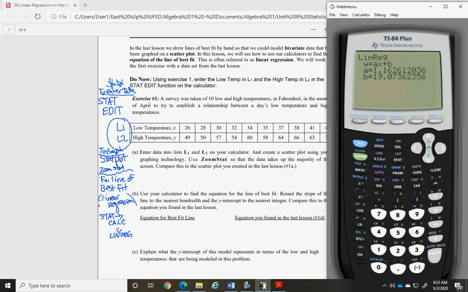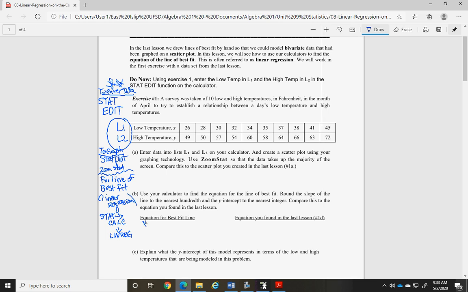So for the equation for the line of best fit, right down here, I'm going to write down what I see on my calculator screen. Y equals ax plus b. A was, now let's just read these directions for a second. It says round the slope to the nearest hundredth and the y-intercept to the nearest integer.